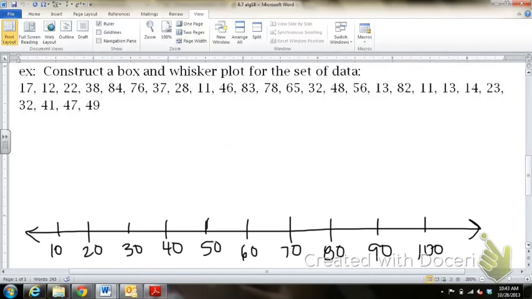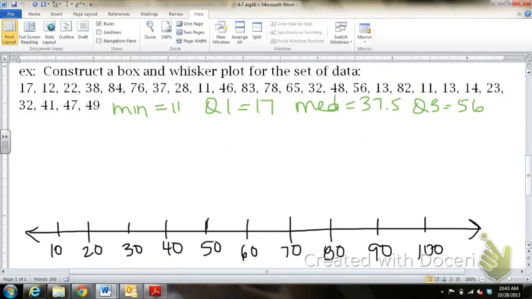Okay, so now let's revisit what my numbers were. The min was 11, Q1 was 17, the median, or Q2, was 37.5, Q3, the third quartile, was 56, and the max was 84.